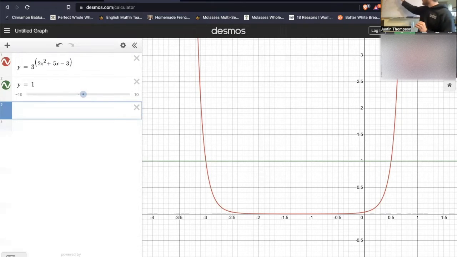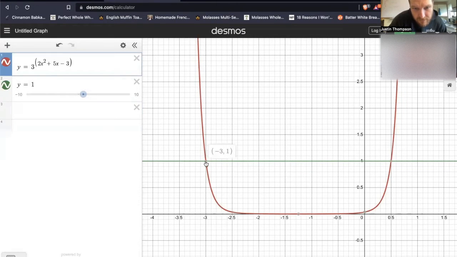The left-hand side looks crazy, but the right-hand side isn't. The point is, there are places where the left-hand side is equal to the right-hand side, and these are the intersections right here. It even tells us where: at -3 and 1, and over here at 0.5 and 1. Isn't that exactly what we found?